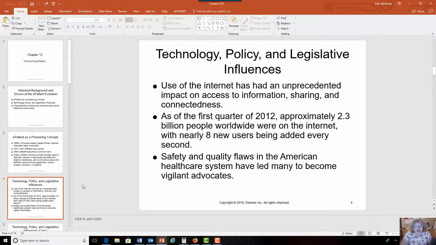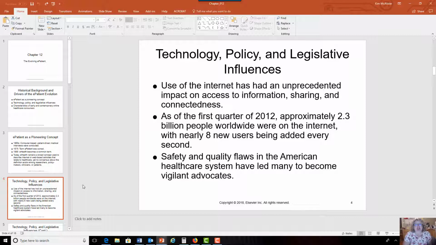So technology, the growth and sophistication of the internet, played a key role. It was something that I don't know that many people really imagined would happen, and all of a sudden we could get online and find all of this information.